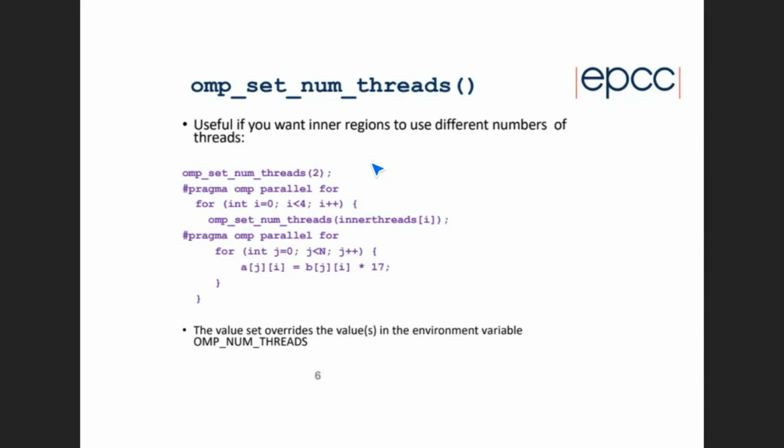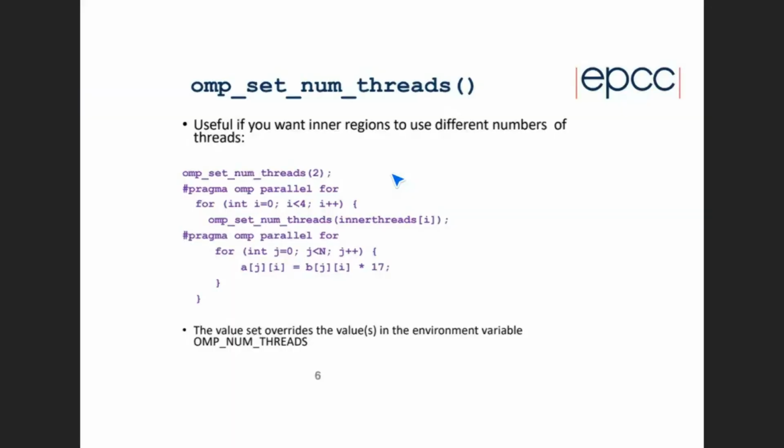I should though say a word of warning about using omp_set_num_threads, okay? Because this call can happen anywhere in the code, and it sets the number of threads for whichever thread makes that call. That's the number of threads that will be created by every parallel region encountered by that thread in the future.